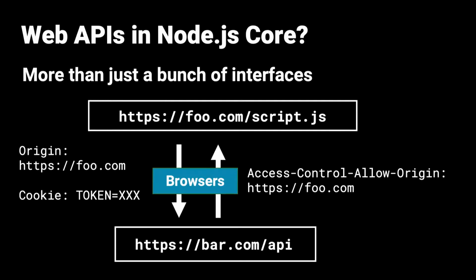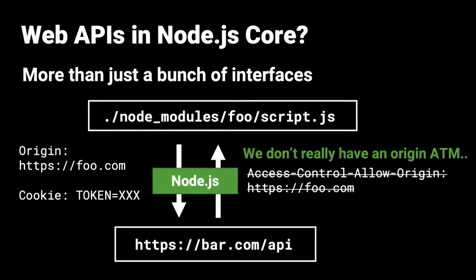When you fetch an API endpoint, for example at bar.com, for a script living in foo.com, and you want to send credentials like cookies along with the request, fetch as implemented according to the specifications should follow the cross-origin resource sharing protocol and check the Access-Control-Allow-Origin header in the HTTP response before invoking the callbacks with the data, so that untrusted scripts cannot steal your cookies when your server is not aware of them.